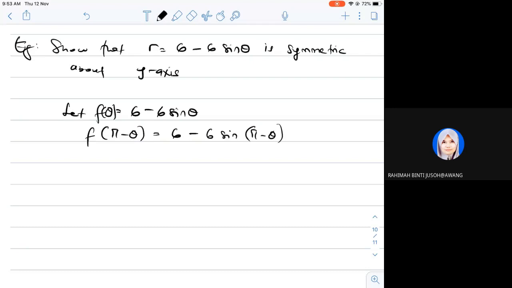In order to show that the graph is symmetric about y-axis, we use the subtraction formula of trigo.